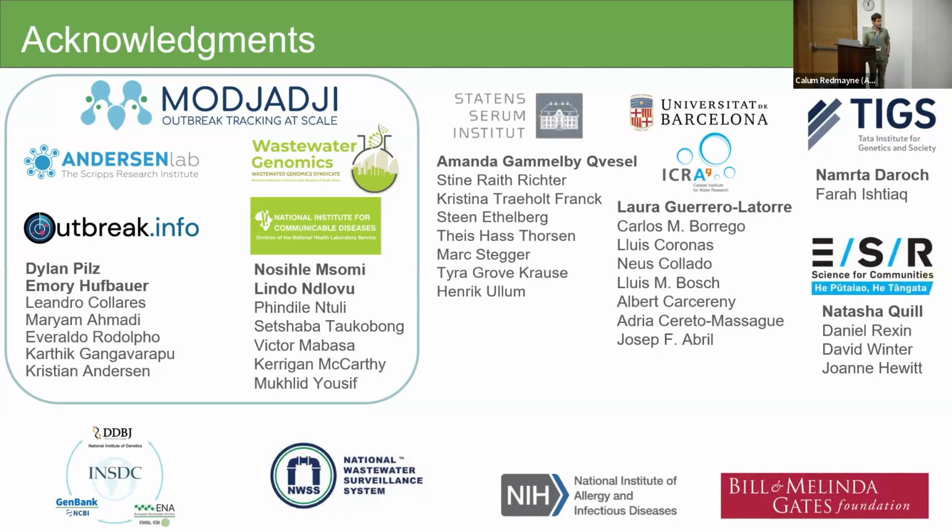Thank you very much. A wonderful presentation, and you present wastewater sampling as an important tool. But I was a little confused, because you present data to show that wastewater is faster than clinical sampling, but I think you provided only one example where wastewater found the lineage first.